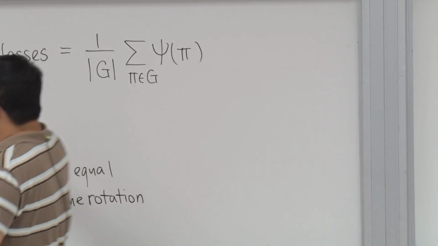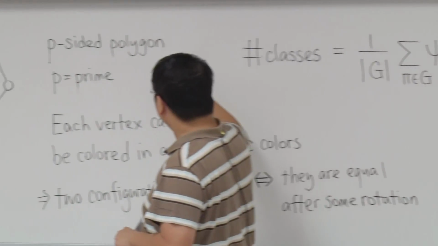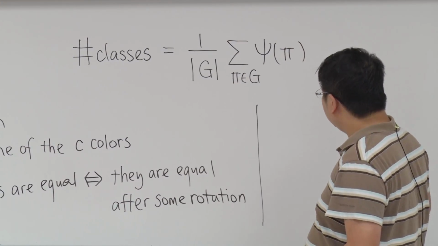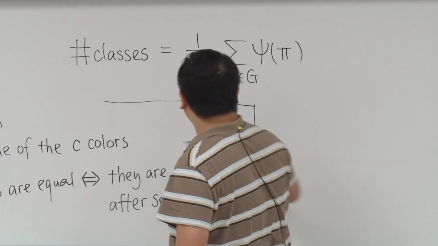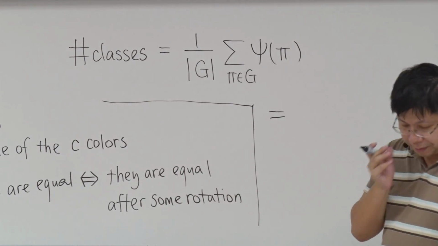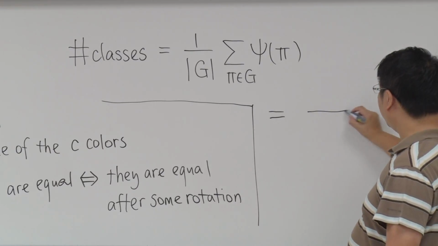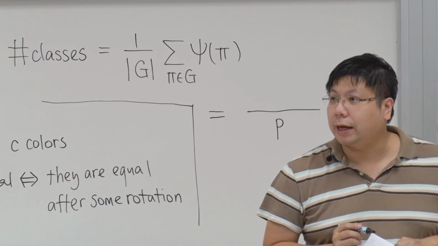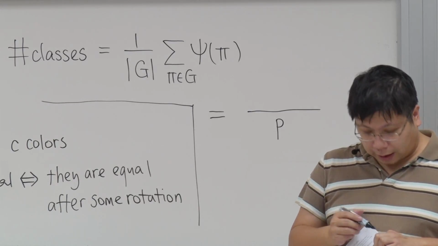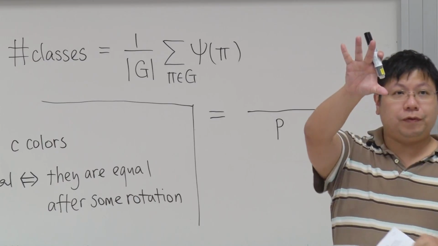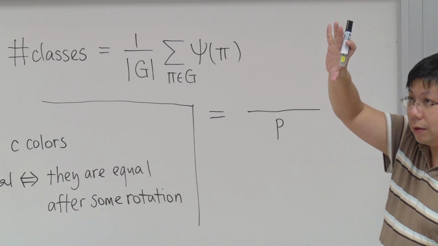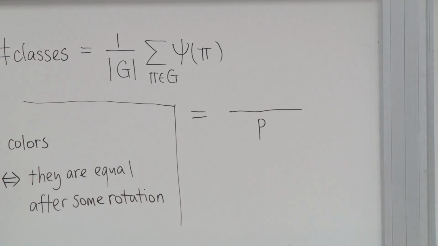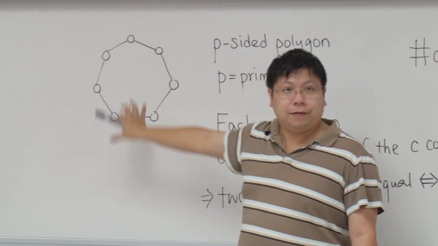So how many equivalence classes are there? First of all, in general, there are going to be p rotations that we need to take care of. The first one is where we don't move at all. Each coloring will map to itself after the permutation.